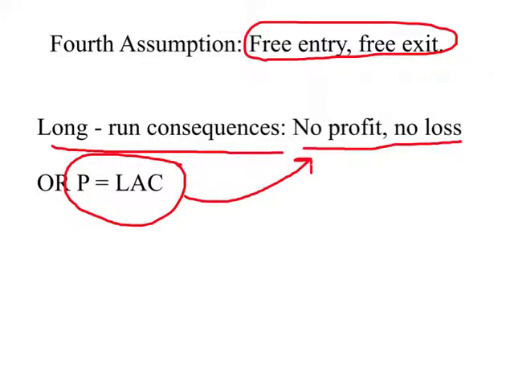Under monopoly, if a monopolist stays a monopolist in the long run, this assumption of free entry, free exit is not valid, either because of natural advantages or because the monopolist erects its own barriers to entry or exit. No other competitor can enter the market, and thus under monopoly in the long run, the monopolist can earn profits or incur losses.